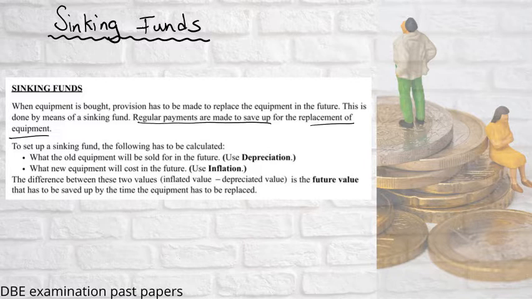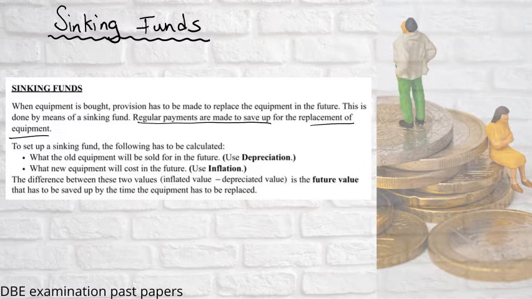What the old equipment will be sold for in the future. For example, if I bought a photocopying machine and I'll need to replace it after 10 years, if I bought it today for maybe 850,000, after 10 years your photocopying machine has depreciated, has lost its value.